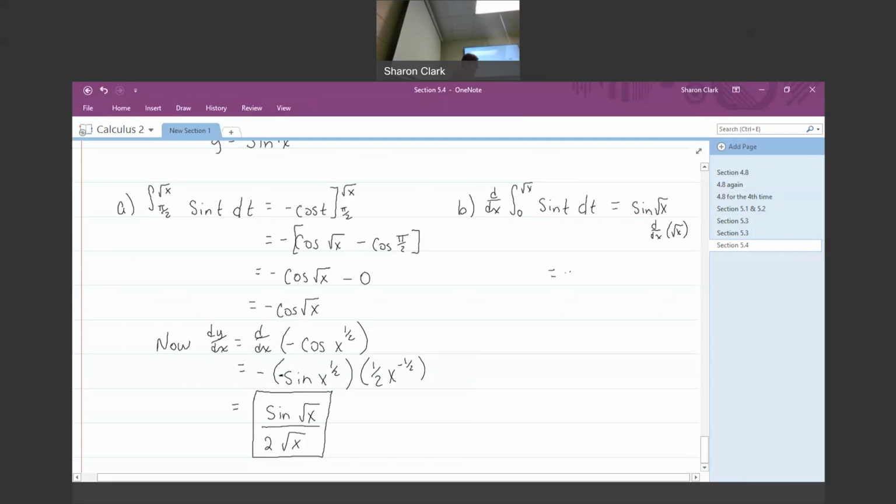So that gives me sine x, remember this is x to the 1/2, times 1/2 x to the negative 1/2. So that's going to be sine x over 2 square root of x. Same answer, less work.